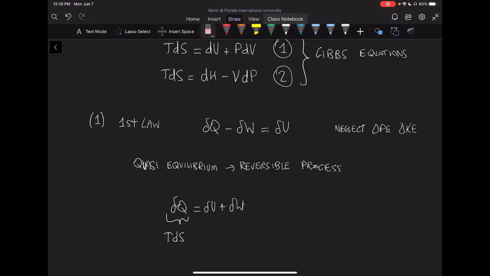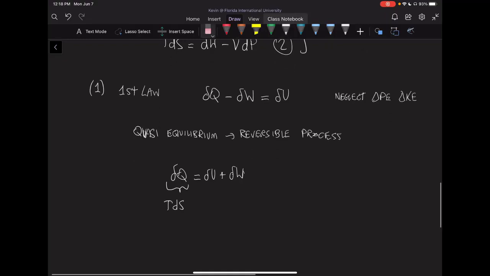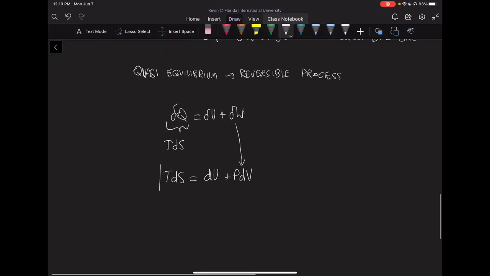So we can say that TdS is equal to dU plus P dV, where we substitute P dV for the differential of work. So we have TdS is equal to dU plus P dV. First equation solved.